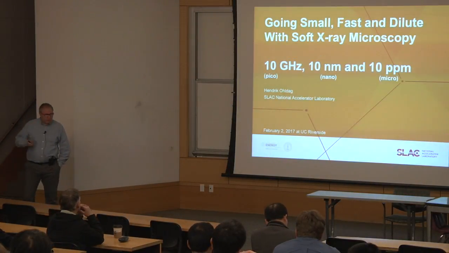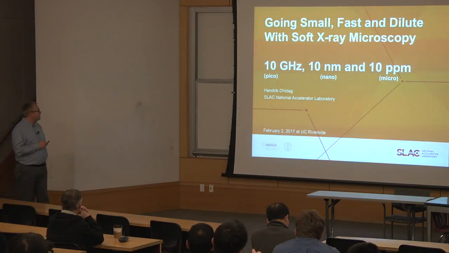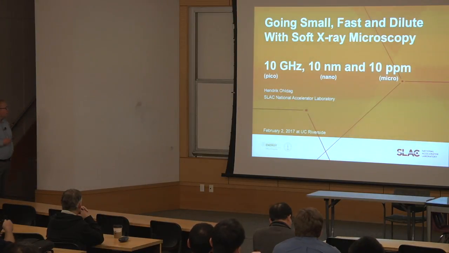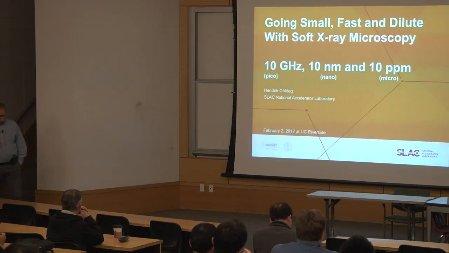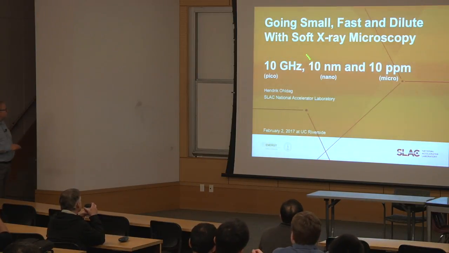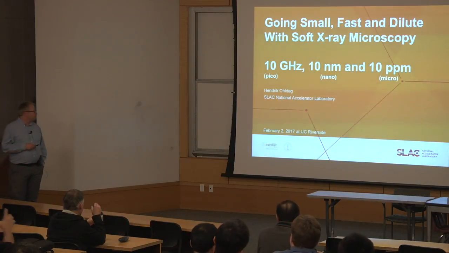So the title of my talk, and that's kind of the general title this year for this talk, is Going Small, Fast, and Dilute with Soft X-ray Microscopy, and in particular, how this may allow you to learn something on the gigahertz timescale, possibly going up to 10 gigahertz in speed.